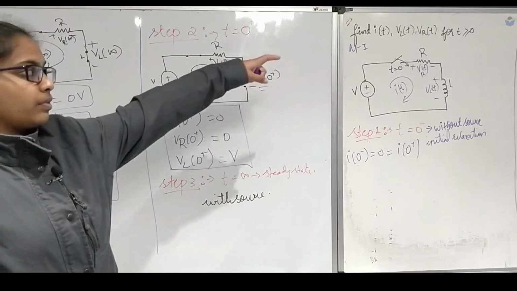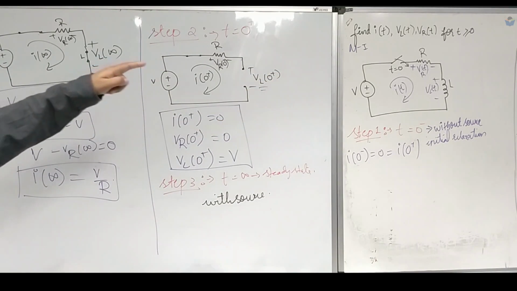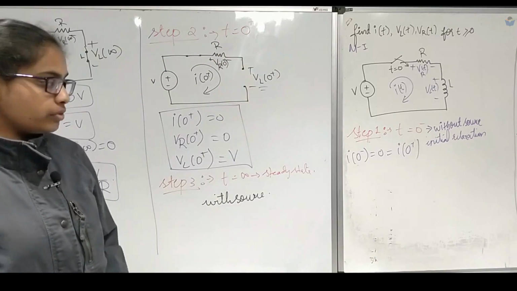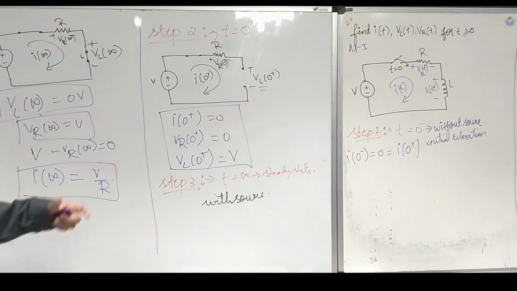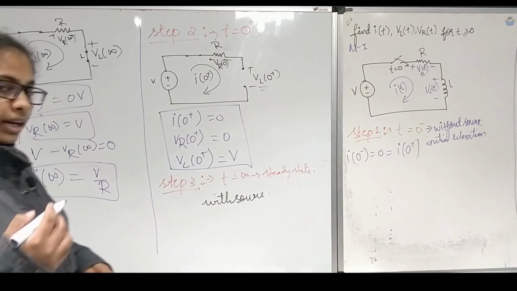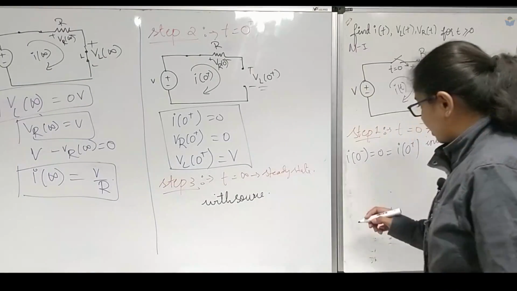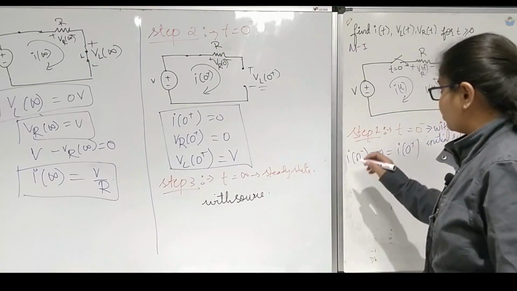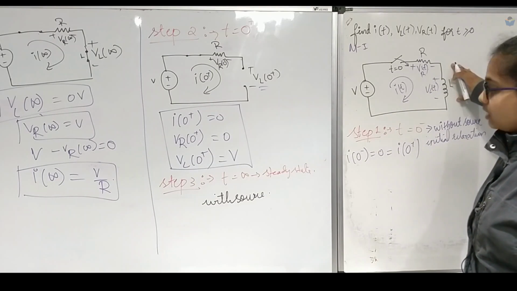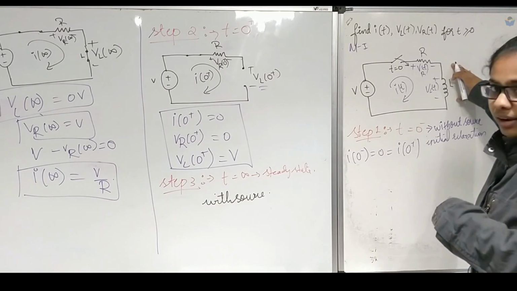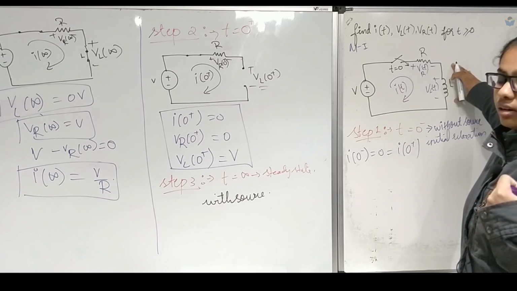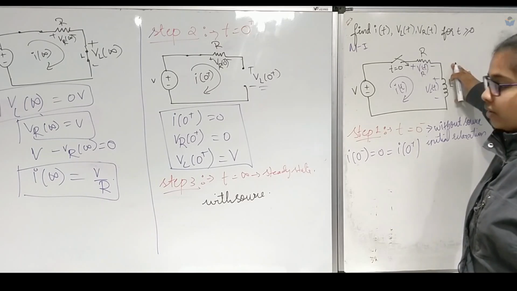So what was the thing that we have been asked for? They have asked for I of t, VL of t and VR of t. In each situation we have got this. Now we will write our final formula in generalized form, I of t, because this is an inductor, that is why we take current. If it was a capacitor, a voltage storing element, we would have taken voltage.